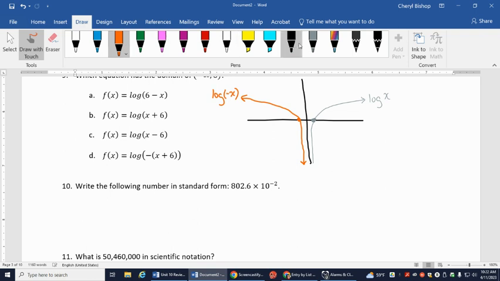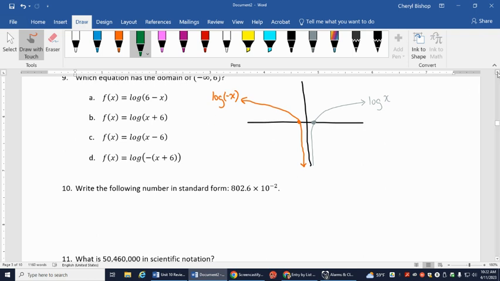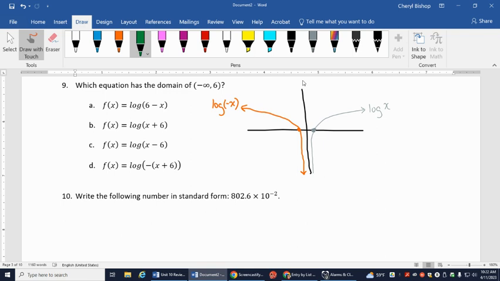But right now, our graph is not going from negative infinity to 6. It's going from negative infinity to 0, where my vertical asymptote is.